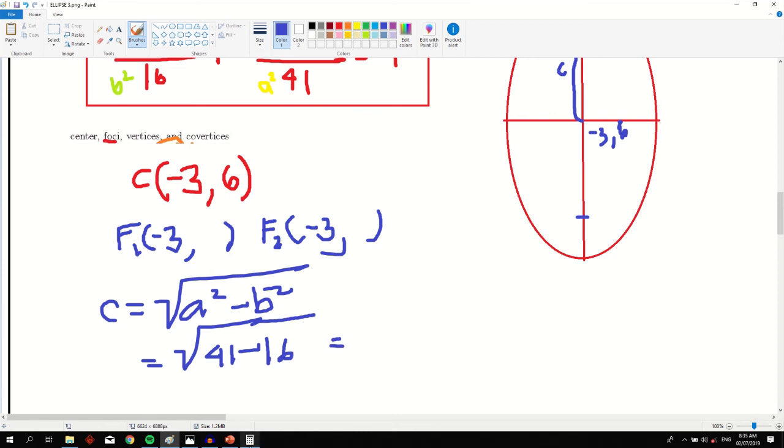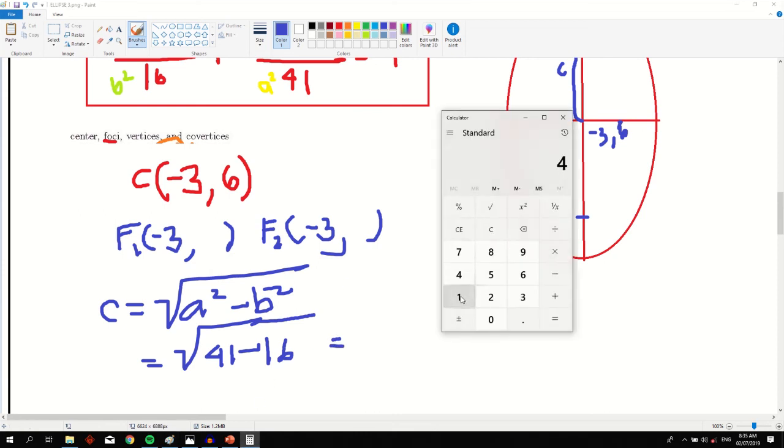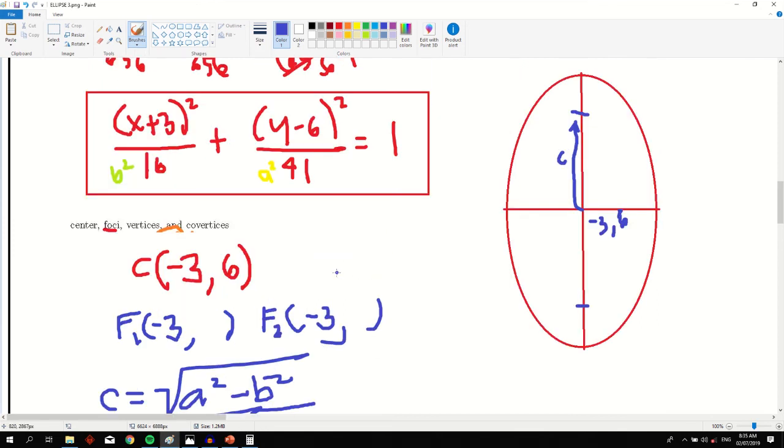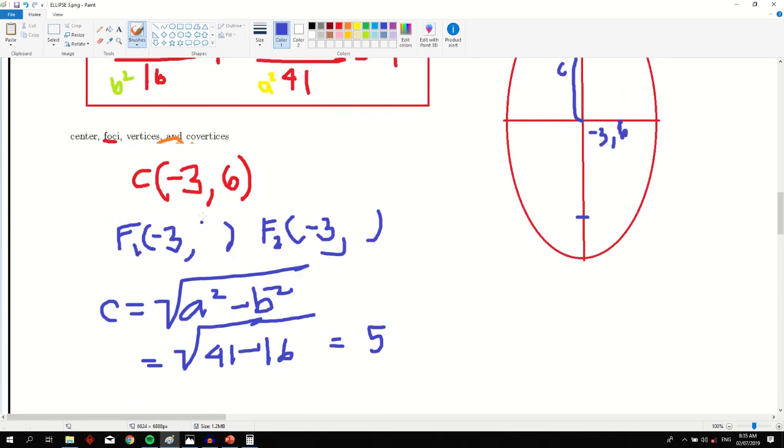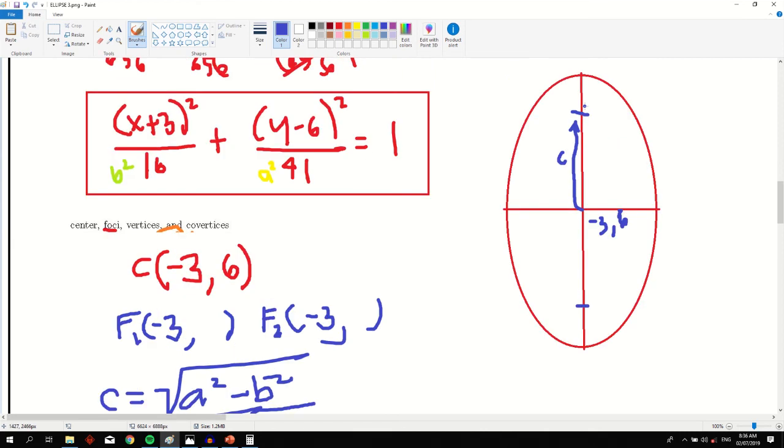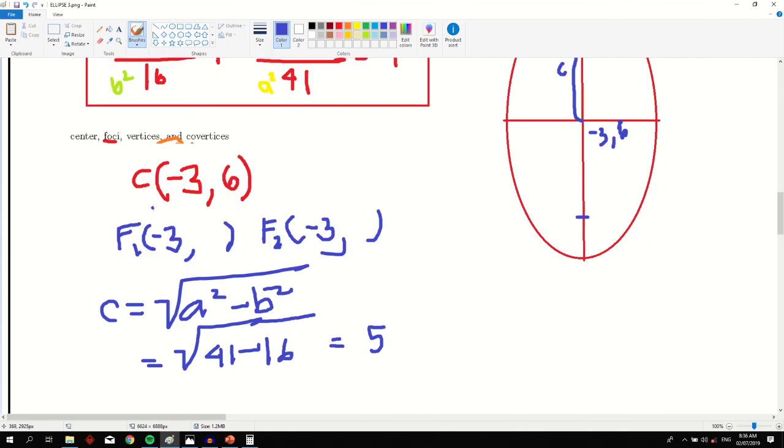So this is equal to 41 minus 16, square root of that is equal to 5. From the center, we will move up and down, so we will minus 5 and plus 5. So 6 minus 5 is 1, 6 plus 5 is 11. So now we get our foci.